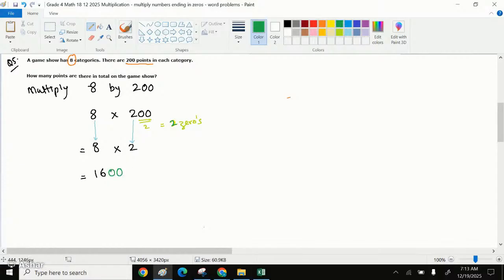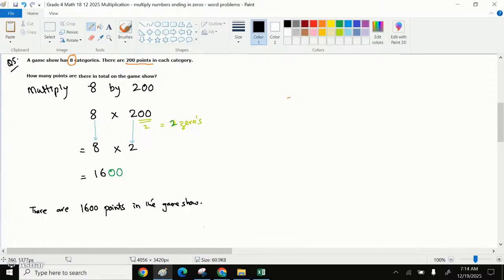If these were non-zero numbers, the questions would be more difficult, right? So gradually we'll move on to that topic. That means there are 1600 points in the game show.